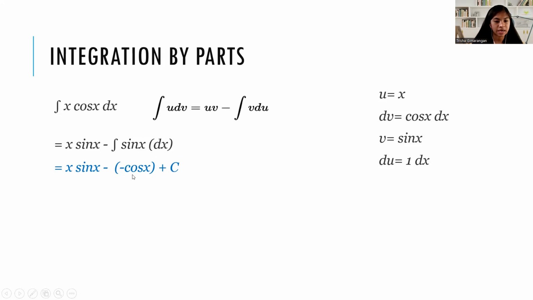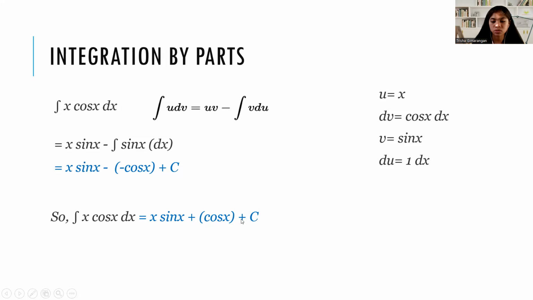So the integral of x cosine x dx equals x sine x plus, since we multiply negative with another negative, that becomes positive. So our final answer: the integral of x cosine x dx equals x sine x plus cosine x plus c.